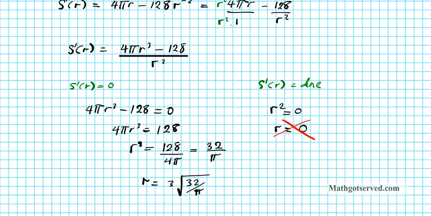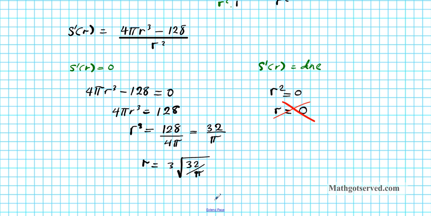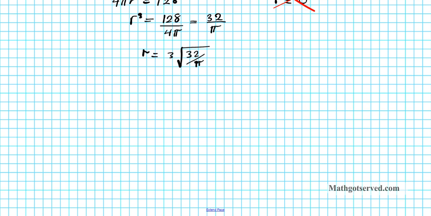So what we're doing in this problem is we're looking for the minimum. We're trying to find the least amount of material. So let's classify this. Now, if we can show that this is a minimum at this point, then we have accomplished our goal. We're going to use a second derivative test. If a point is a minimum, then the concavity has to be upwards.